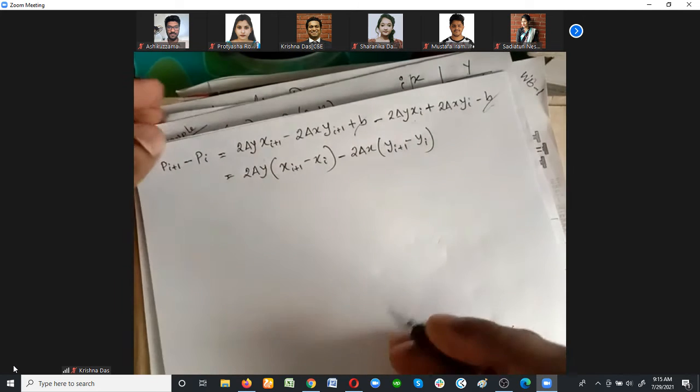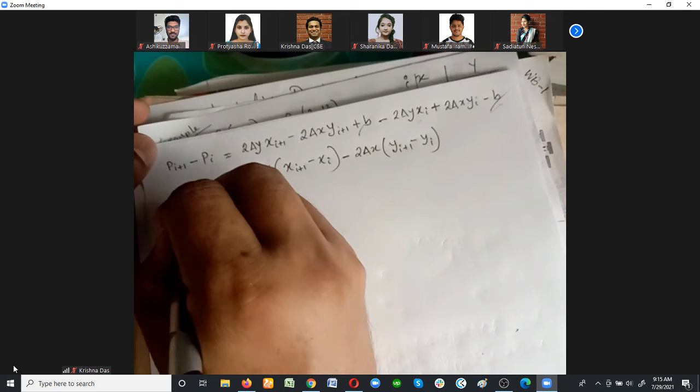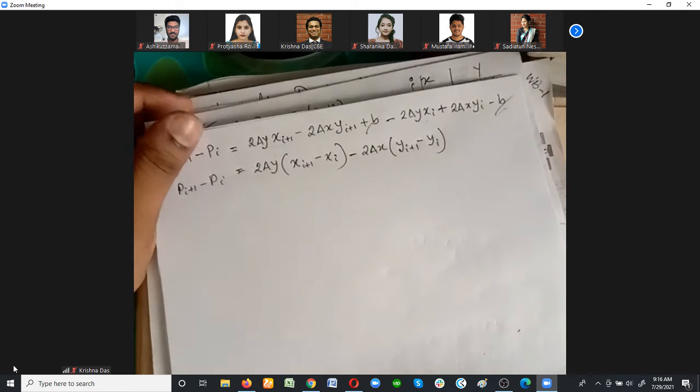Right, the equation now looks like that, p i plus 1 minus pi is equal to this one.